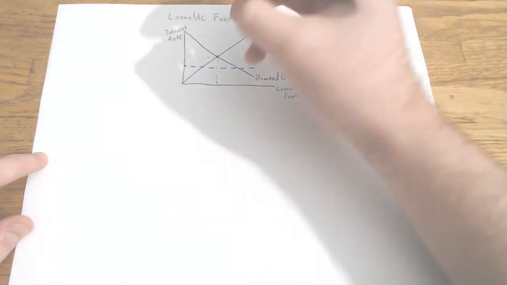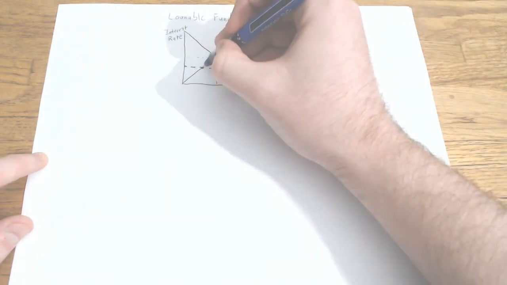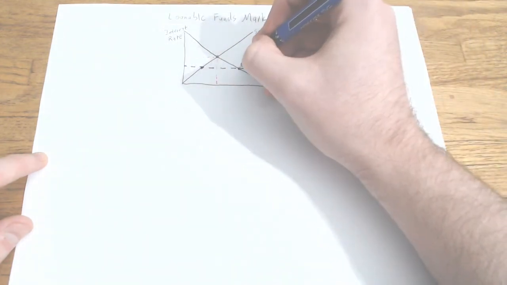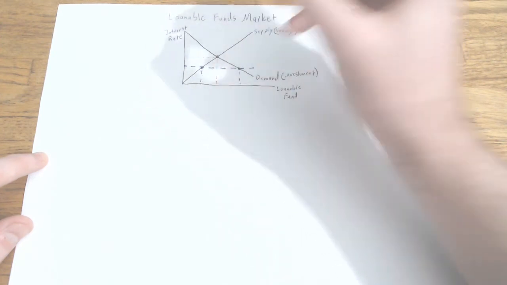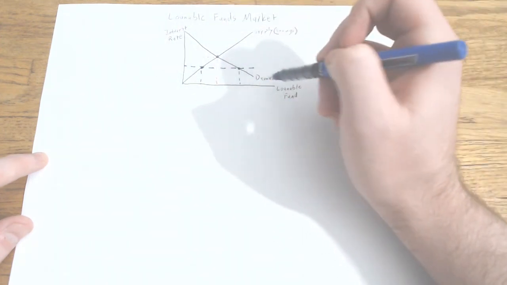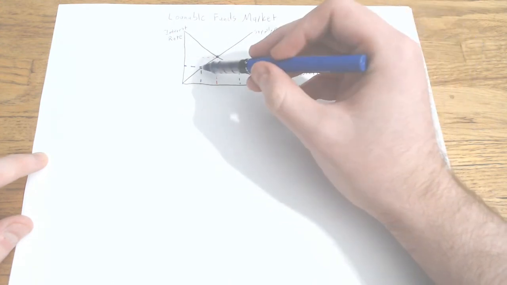So at this point, our supply is here, demand is here. Draw a line, and we can see that the demand for loanable funds is much greater than the supply.